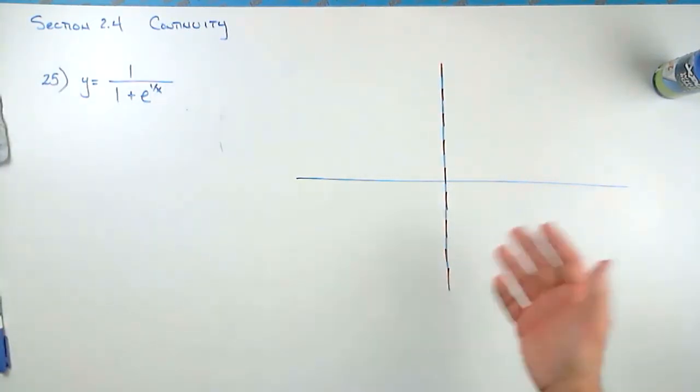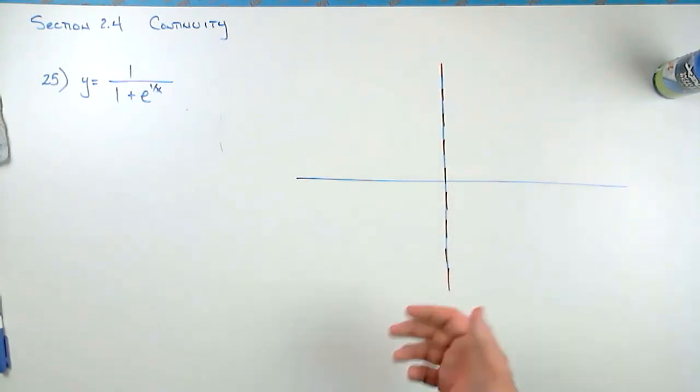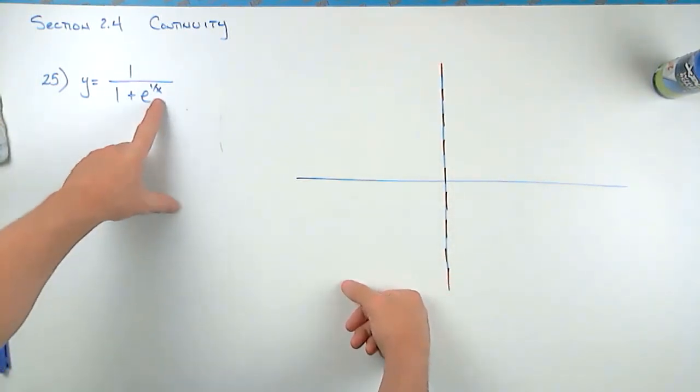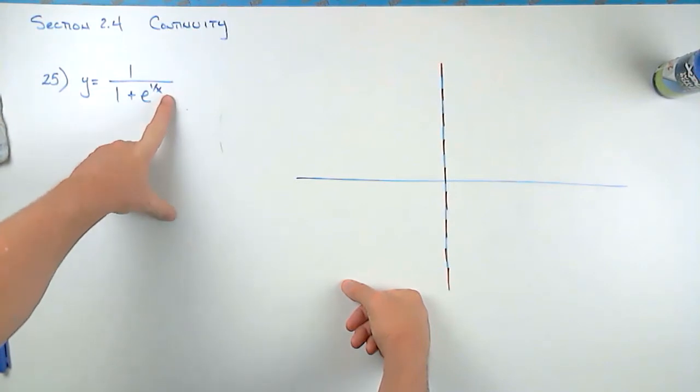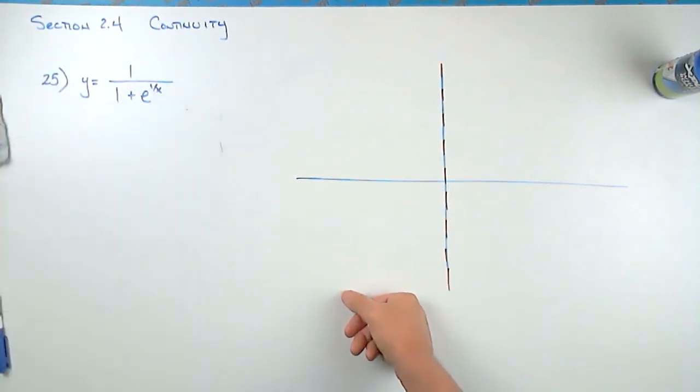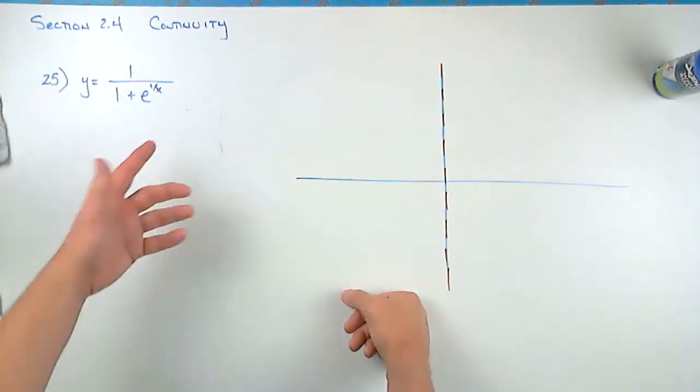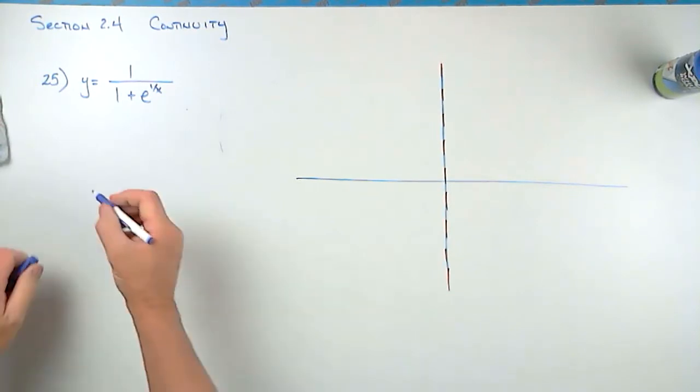What happens if we plug in a 6 or a 12 or a 10? Well, if we plug in a 10, I get e to the 1/10. That's the 10th root of e. Well, the 10th root of e is smaller than e, because 1 over 10, that's the 10th root.